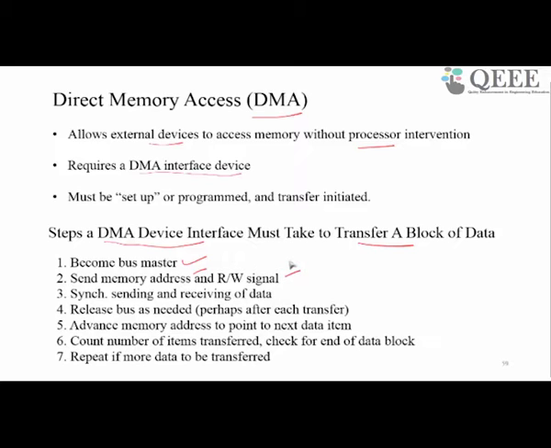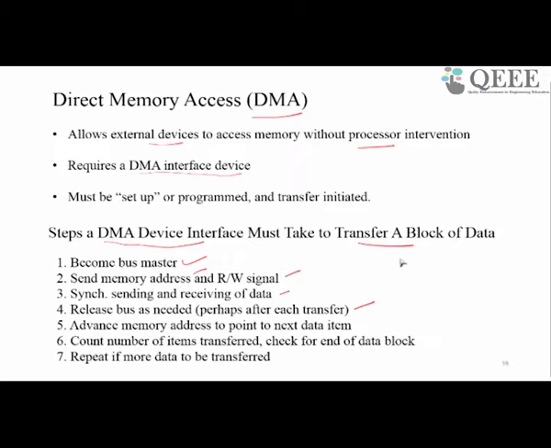So the data would be read from or written to the memory and be available. Then it similarly issues the IO command, the appropriate IO read or IO write. At the end of the transfer, it releases the bus, or probably it may do so after every transfer. If it does it after every transfer, it is called cycle stealing.